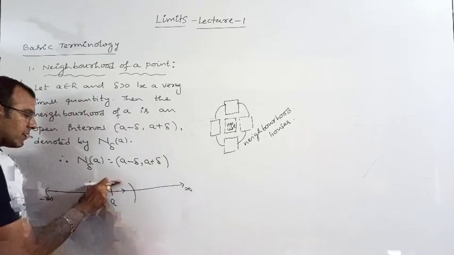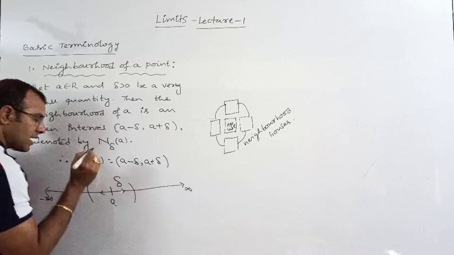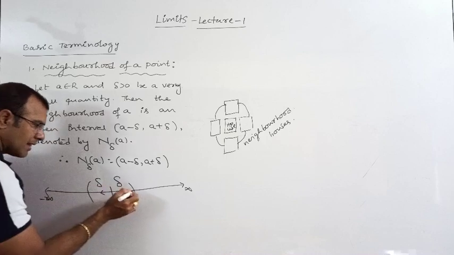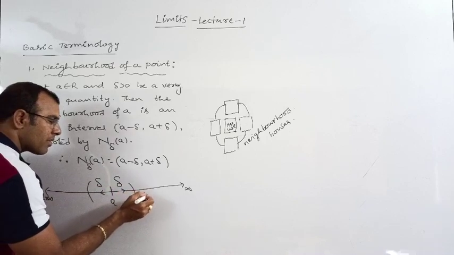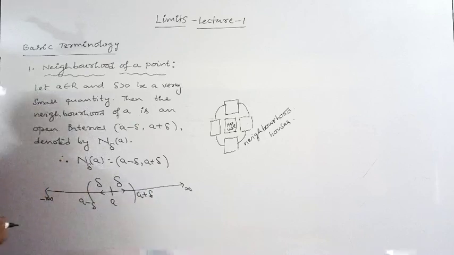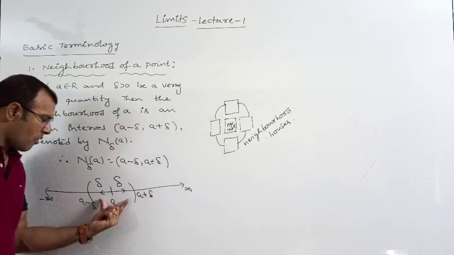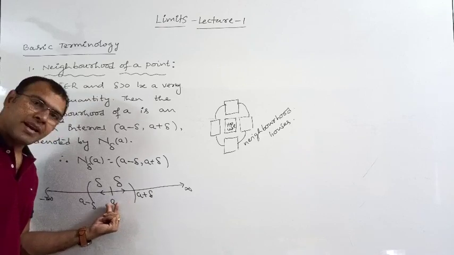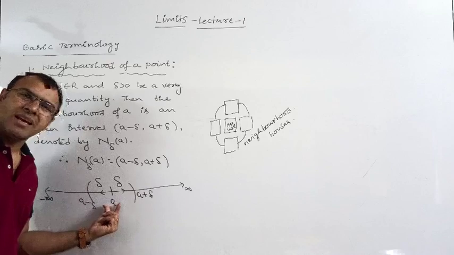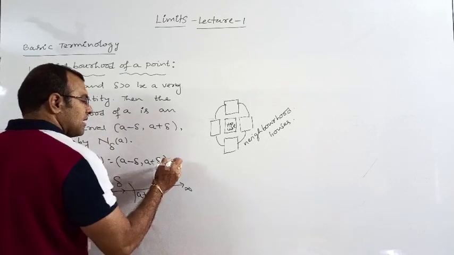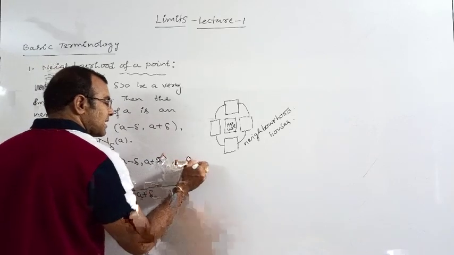This is delta, and this is also delta. So this is a plus delta, and this is a minus delta. All the points inside this interval are very near to a.